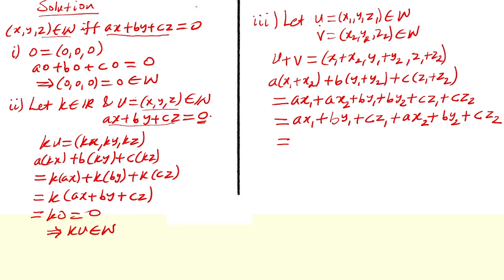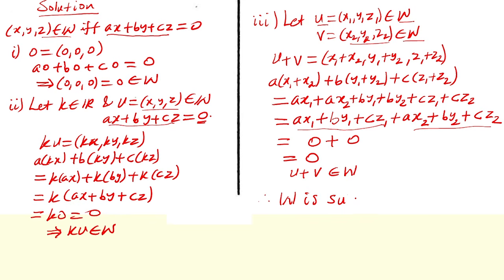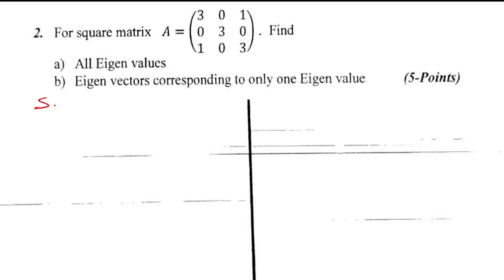Now look, u element of W means this value is 0, plus v element of W means this value is 0. 0 plus 0 is equal to 0. Therefore, u plus v is an element of W. Now the three conditions are fulfilled. Therefore, W is a subspace of R cubed. Question number 2.